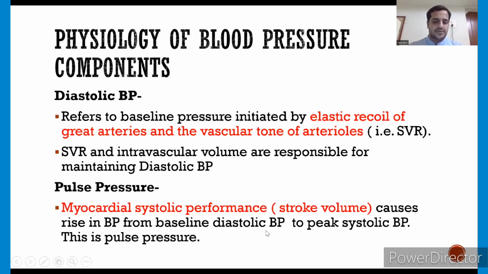So baseline is your diastolic pressure, peak is the systolic pressure, and the difference which occurs as a result of myocardial contraction is nothing but the pulse pressure. Basically the baseline pressure in our cardiovascular system is the diastolic BP, and the peak pressure is the systolic, which is because of the volume of blood coming out from the heart. So that is nothing but your pulse pressure.